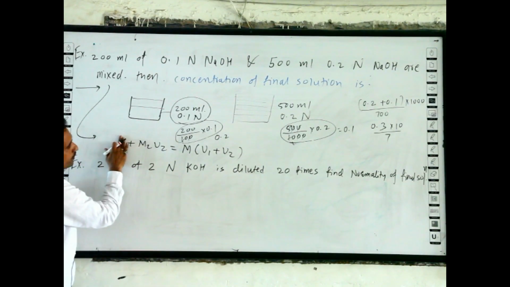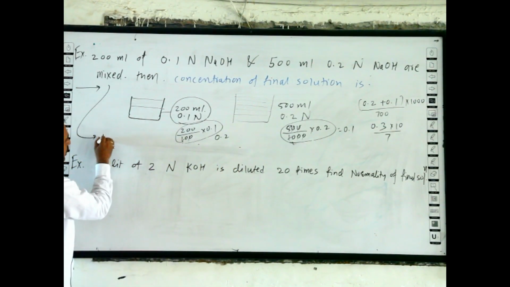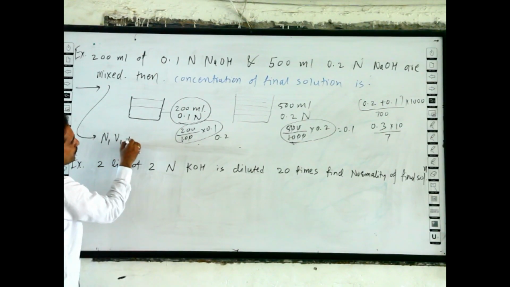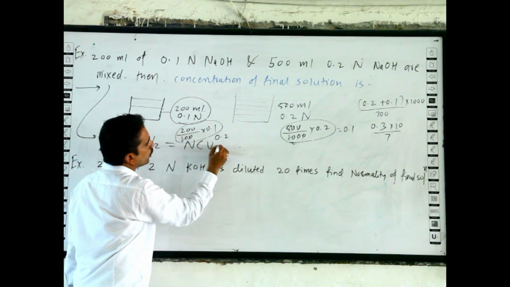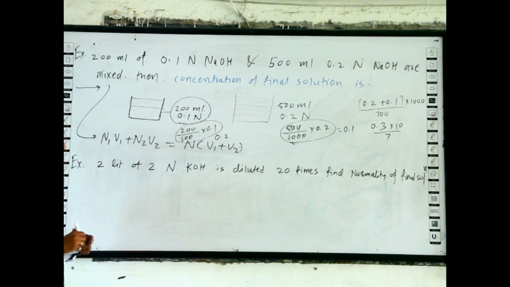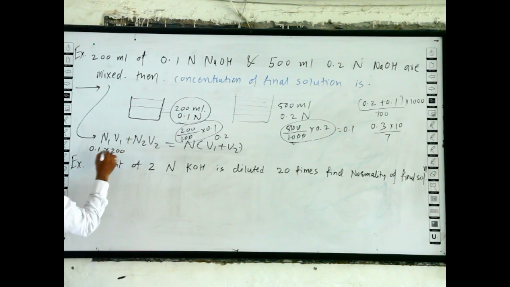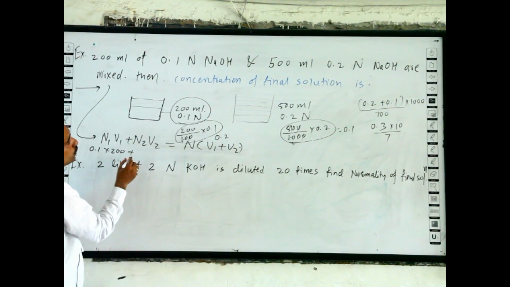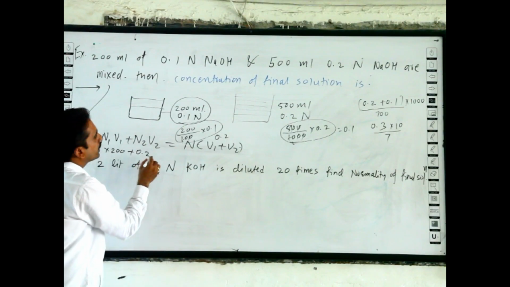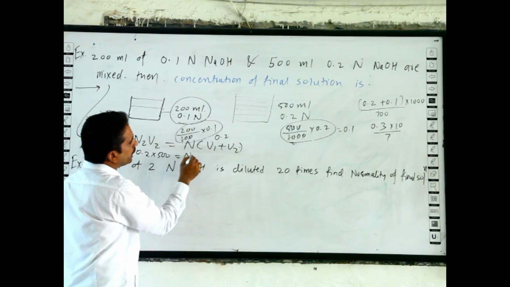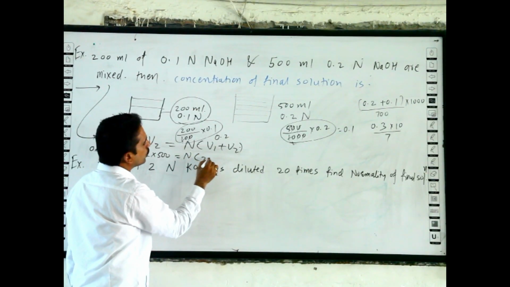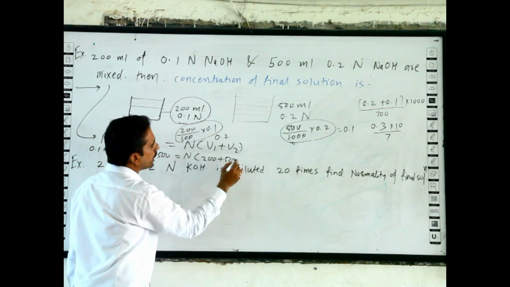Or for the normality case the formula will change: N1V1 plus N2V2 equals N into V1 plus V2. Here N1 is 0.1 into 200 plus N2 is 0.2 into 500 equals N into 200 plus 500.